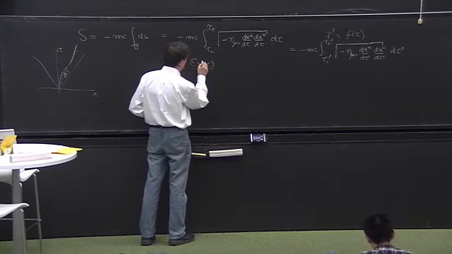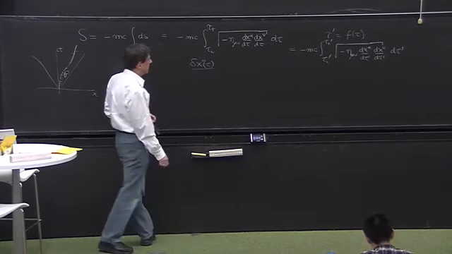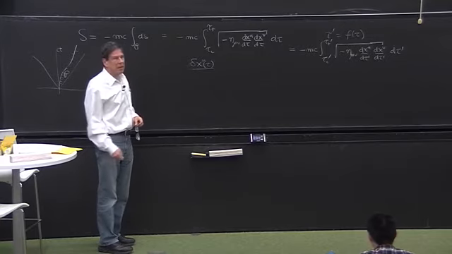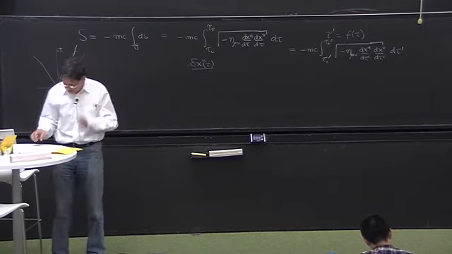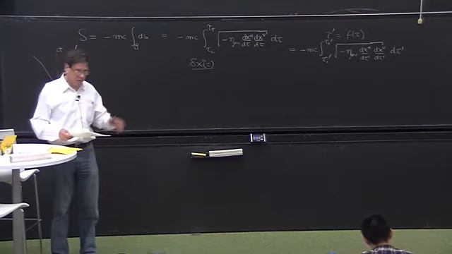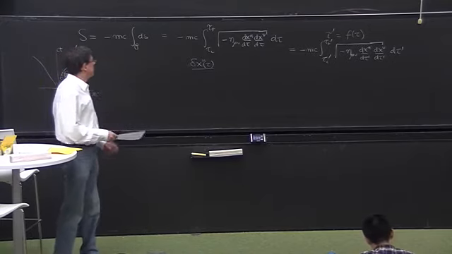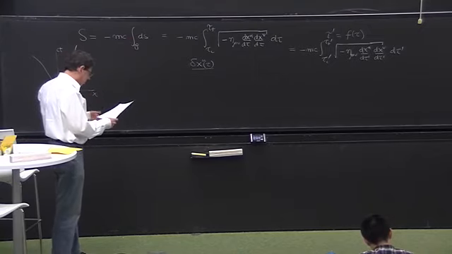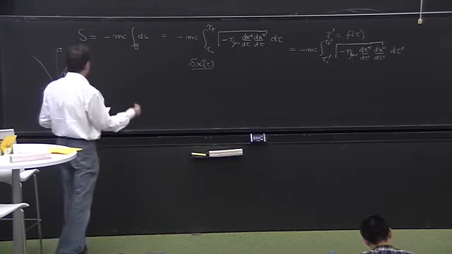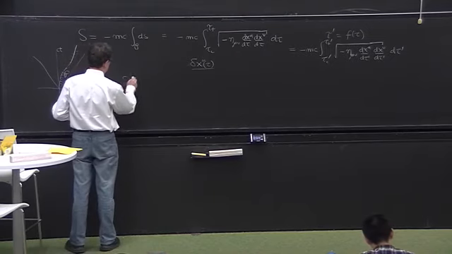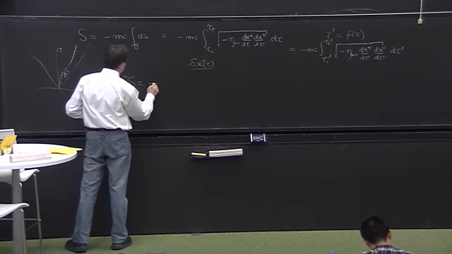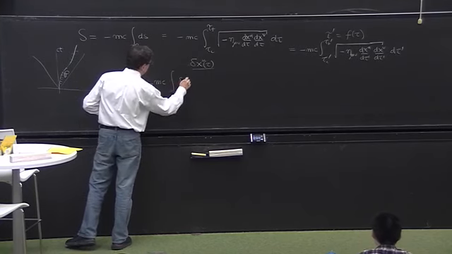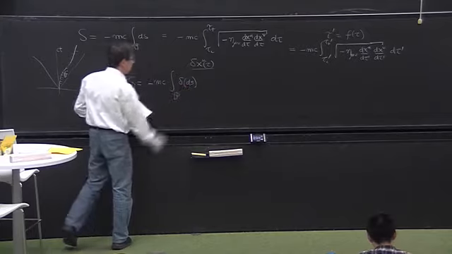So delta x mu of t is the thing that is being varied as you try to find the equation of motion. Now, I think I want to do that equation of motion. I think it's pretty and it's sort of interesting. So I'll just do it, even though it's going to cost us a little time. So delta S is equal to minus mc integral of delta of ds.